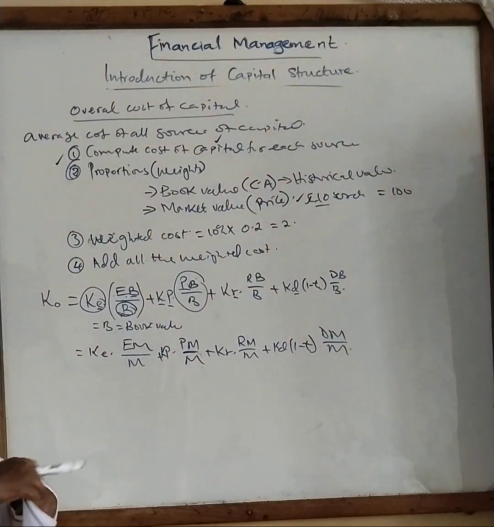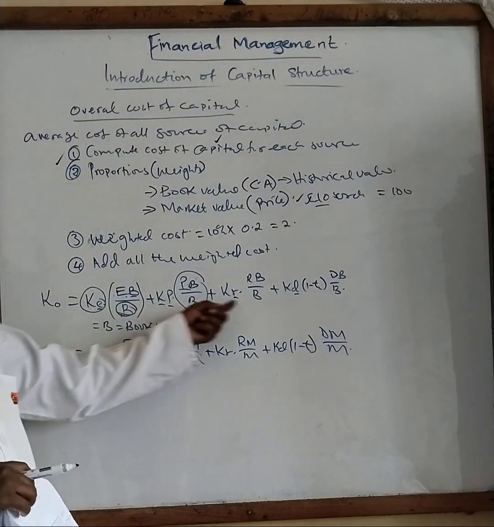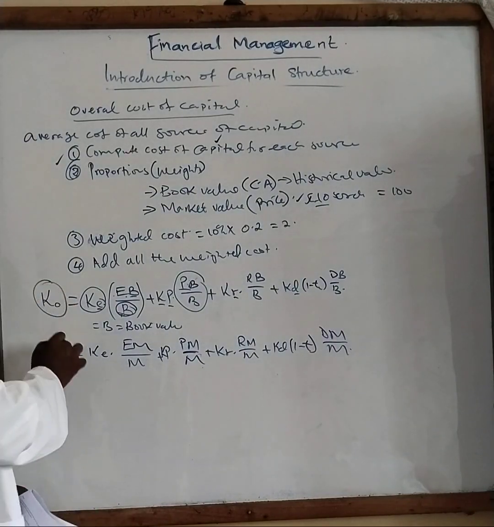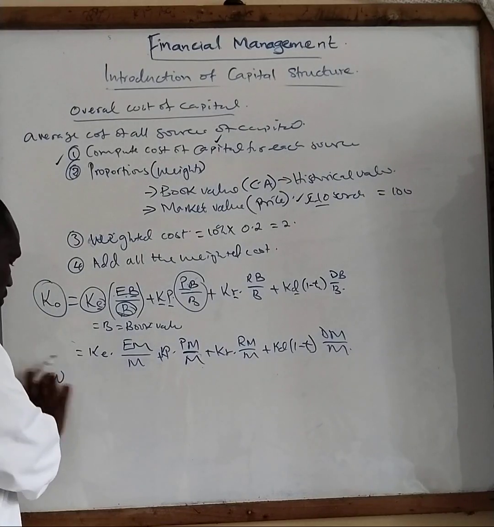So if you are using the market value, be very careful. This method gives the overall cost of capital, which we are going to discuss as weighted average cost of capital.